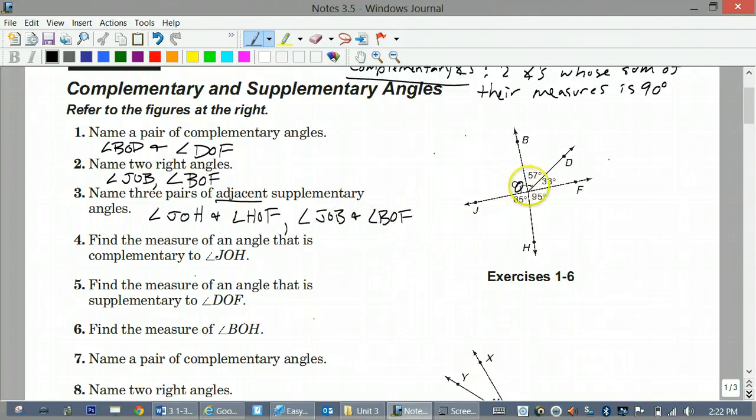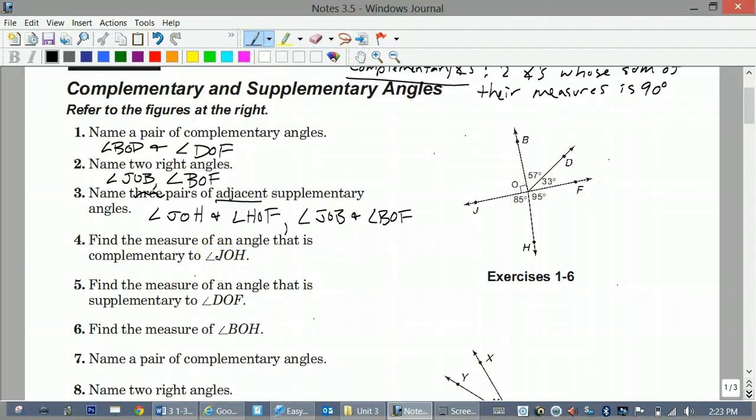This one's 90, which means that one has to be 90. Is there a third set? I actually don't think there's a third set. I think that question's wrong. There's only 2 pairs. Because this set adds up to 175, and this set adds up to 105. All right, let's keep going.